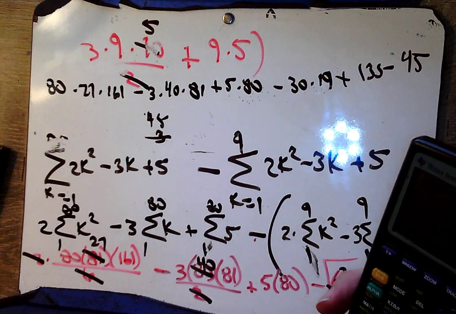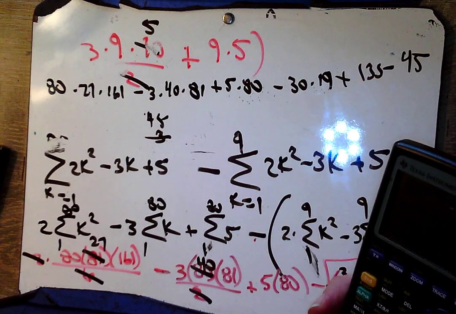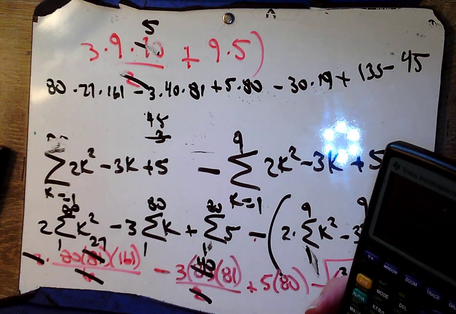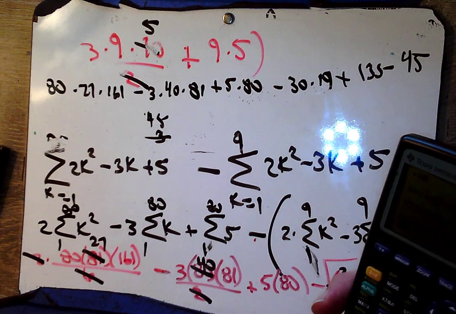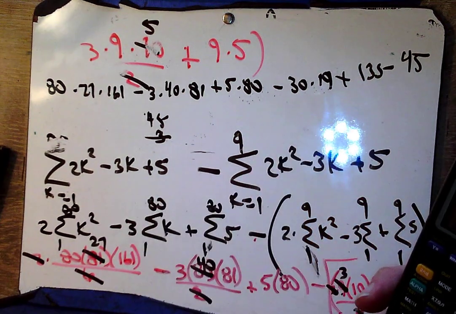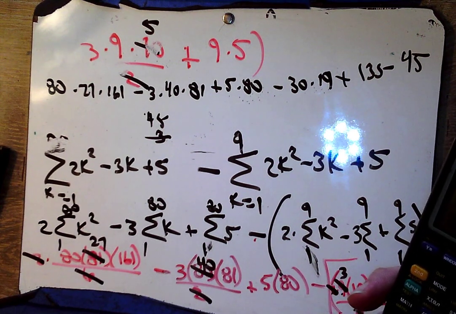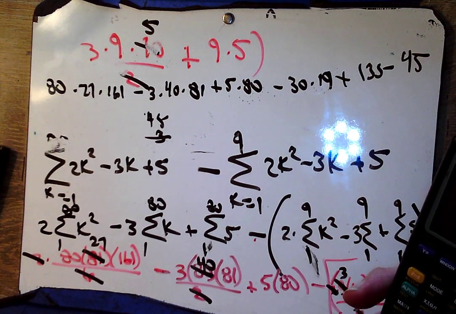We've got 80 times 27 times 161 minus 3 times 40 times 81 plus 5 times 80 minus 30 times 19 plus 135 minus 45.